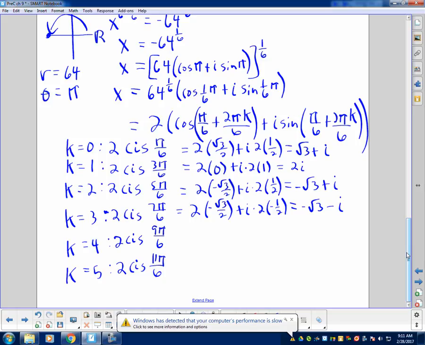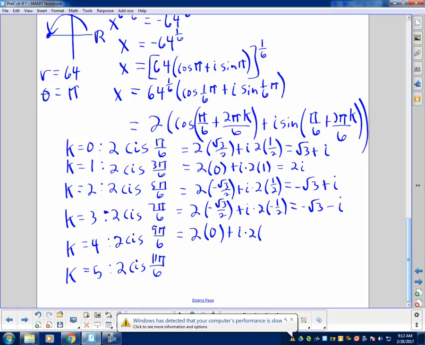So what's at least one other solution I'm going to have up here? Yes, Jess. Square root of 3 minus i. Yeah, good. And what's the other one I'm going to have up here? Negative 2i. Good. Very good. So we have 2 cosine of 9 pi over 6 would be 0, plus i times 2 sine of 9 pi over 6 would be negative 1.